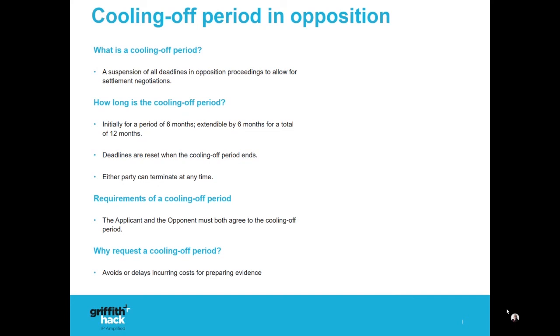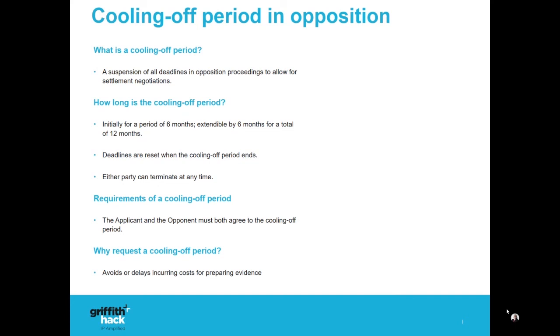So, if one party feels like the negotiations are not traveling quickly enough, then they can terminate the cooling off period. I have to date, in my experience, since this provision was introduced, never come across a cooling off period being terminated because the parties were too slow.